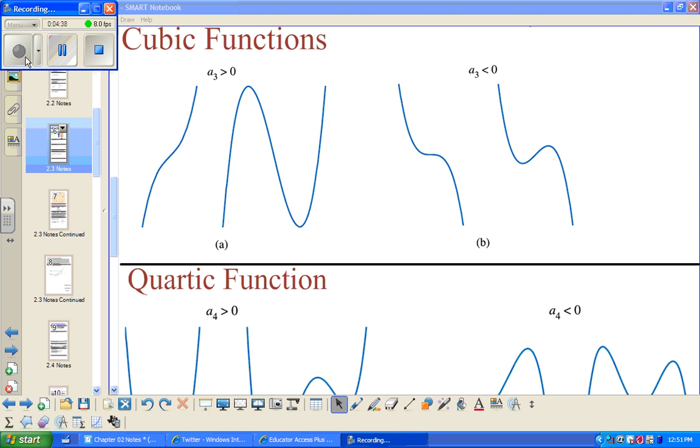These next diagrams are basically just here to show you so that you have an idea of what to expect for the cubic and quartic functions. Basically, if your leading coefficient is positive, you could have different looking graphs.